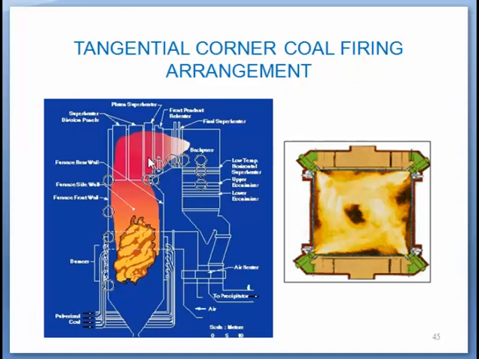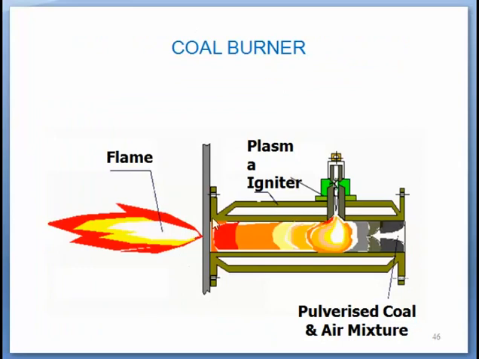And this flue gas further passes through LTSH, low temperature superheater, and economizer, finally through air preheater and ESP, it goes out through chimney. The construction detail and arrangement of the pressure parts will be discussed in the coming classes in detail. This is a picture of coal burner.